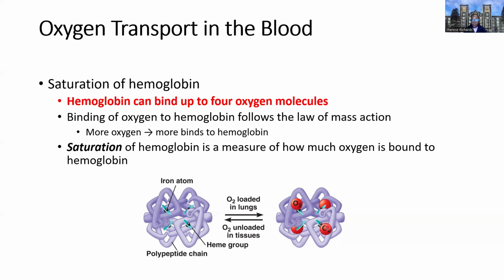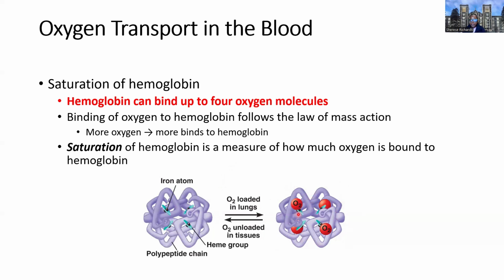So the more oxygen we have, the more we're going to drive the equation to the right to create oxyhemoglobin. If we have lots of oxygen available, we're pushing the production of oxyhemoglobin as there's more oxygen available to be bound, and then we have complete saturation of our hemoglobin.